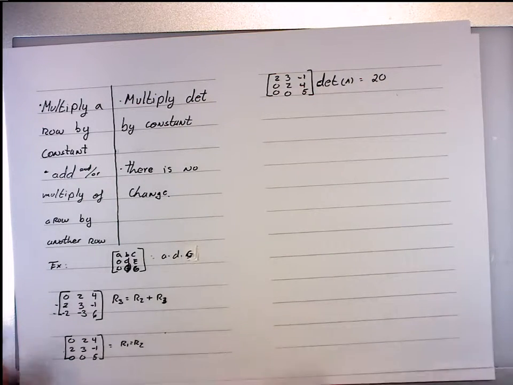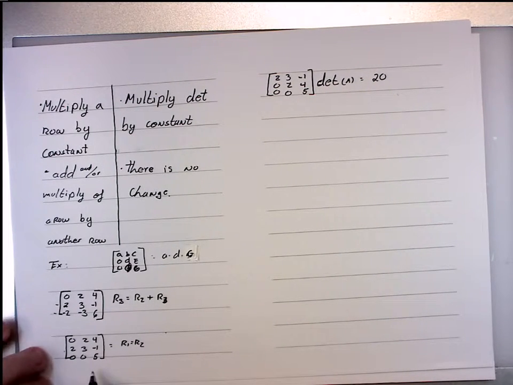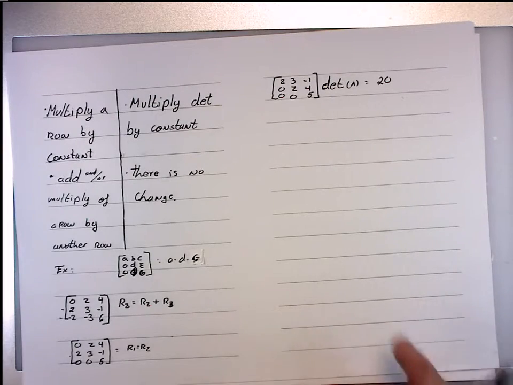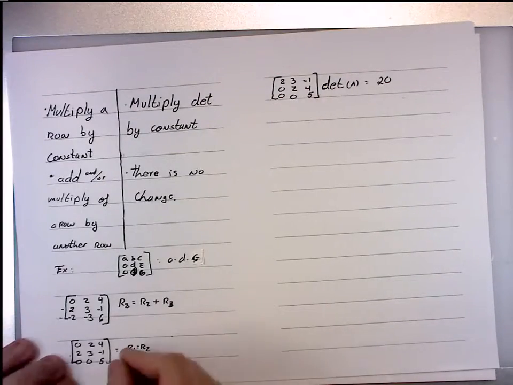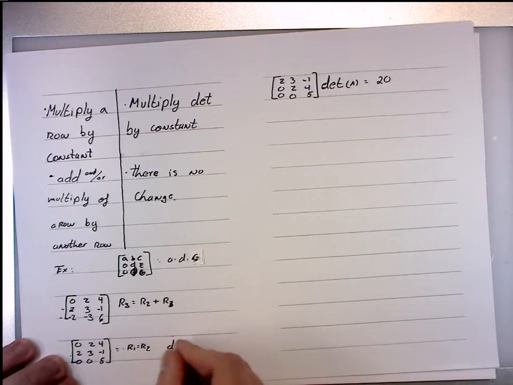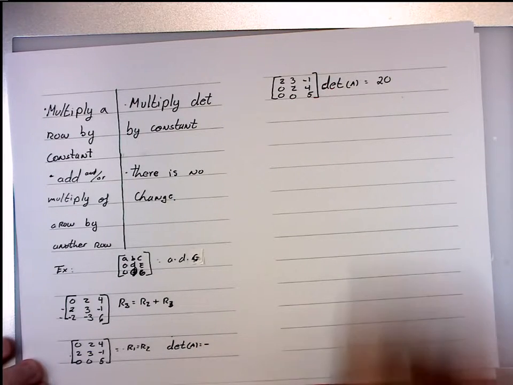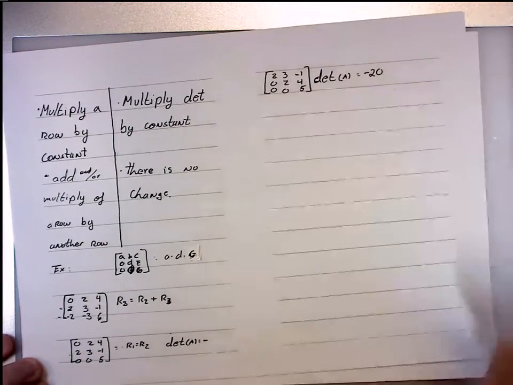However, remember we did a row operation here that changed the rows, and I already said in the theorem that if you interchange rows, you have to add a negative sign. So the determinant is going to be the negative of this determinant, so it's negative 20 at the end.